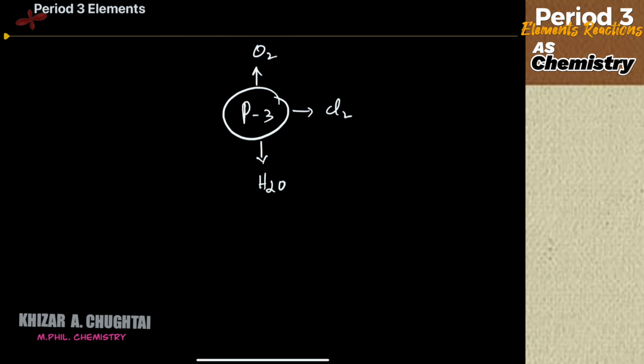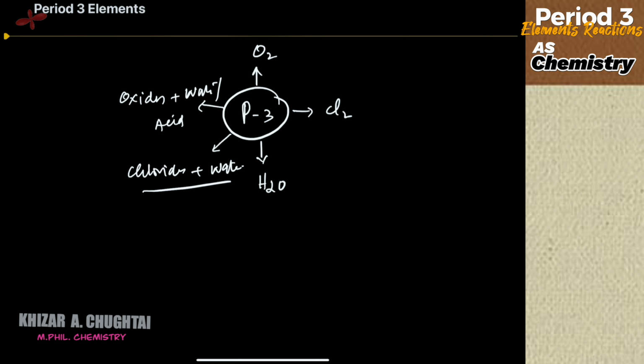The next thing is their oxides react with water, react with acid, and so on. Their chlorides also react with water. So overall, there are basically 5 main types of reactions over here.